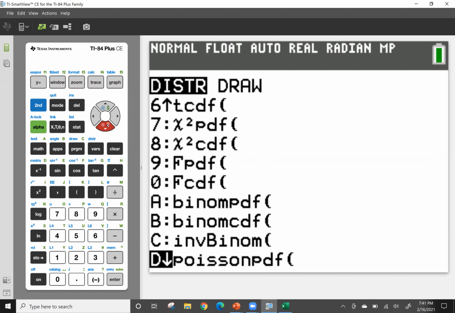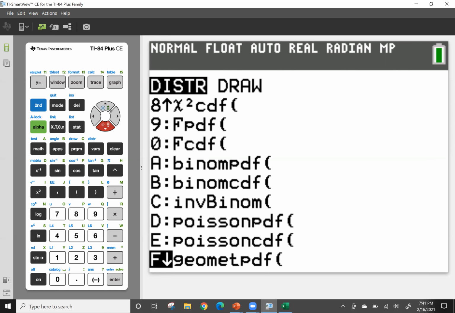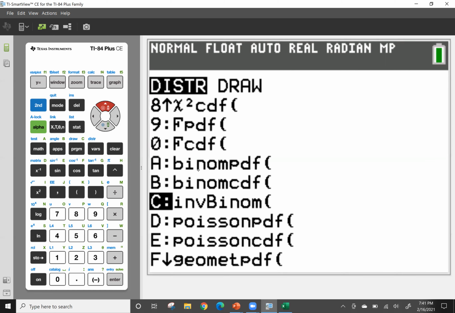And there they are. A and B are our two binomial distributions. A is binompdf. This finds the binomial distribution probability when X takes on an exact value, so this is when X equals something, X equals 12 or 5 or whatever.